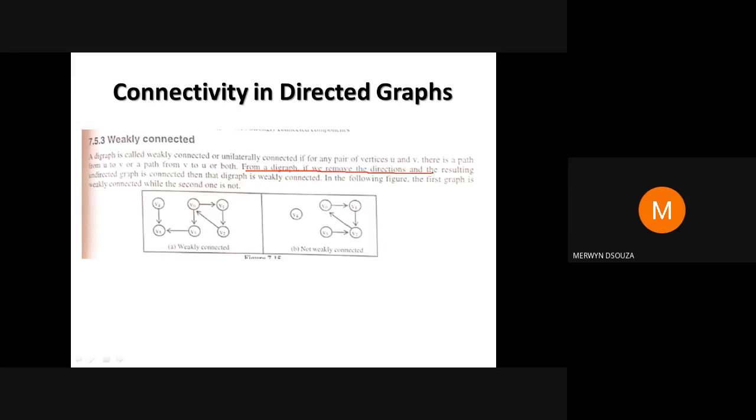What we need to do is, you are given this digraph. Remove the directions. So when you remove the directions, it will not look like this. You just remove the directions, so I'll just draw it here.